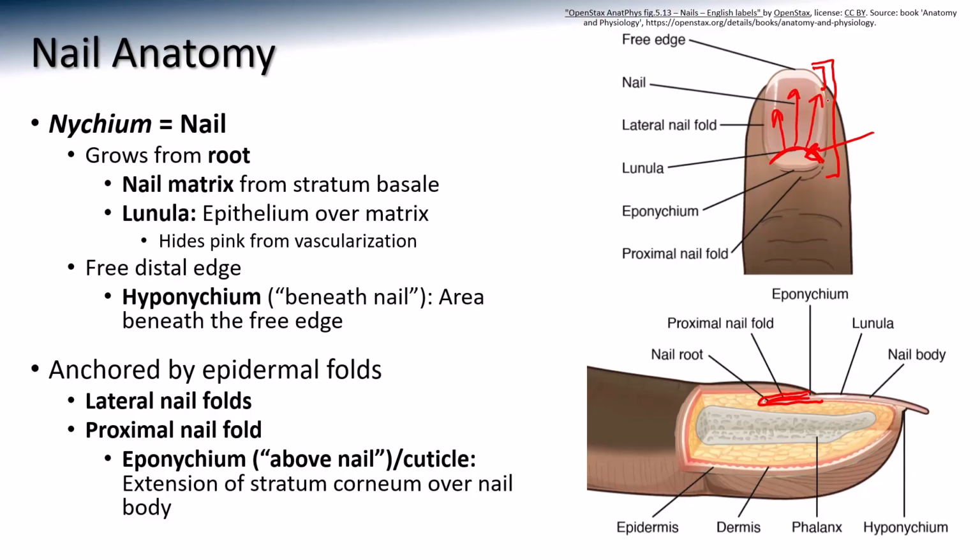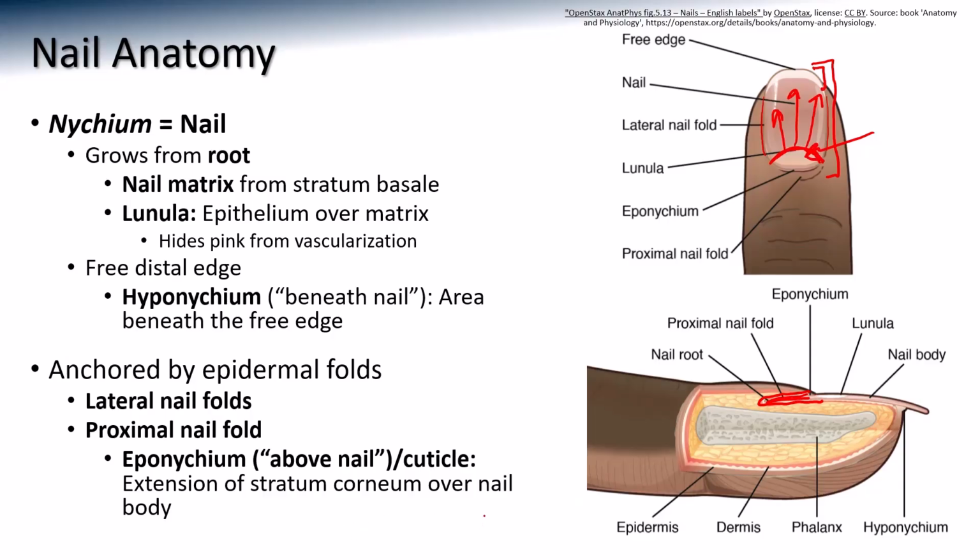It is bounded on either side by the lateral nail folds. That is just this fold of skin here and there. And it's held in place by a little fold of stratum corneum over the top called the eponychium, or the nail cuticle.